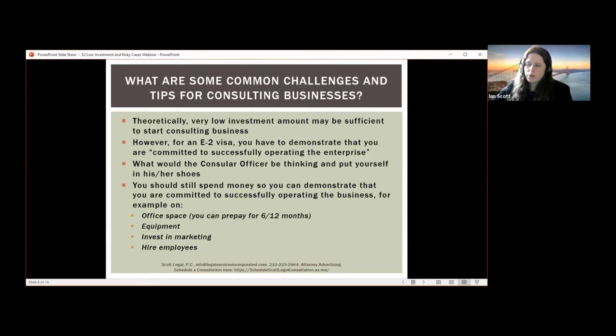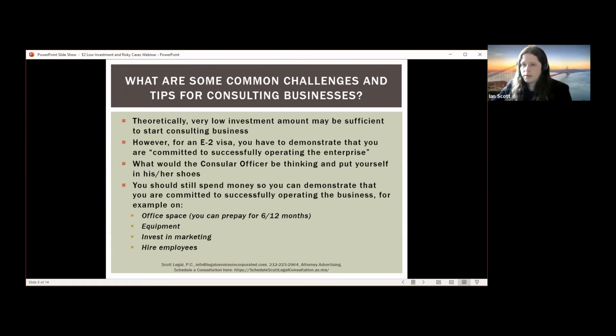So, going over some of the things we talked about previously, for office space, you can prepay for 6 to 12 months. You can invest in equipment for the employees that you plan to hire in years 1 and 2. You can invest in perhaps a bigger website than you had planned on, or perhaps hiring a marketing firm. You can hire employees, and any ancillary expenses you have for those employees, you can include. We always like to advise people to spend money on things that are important for your business's success.